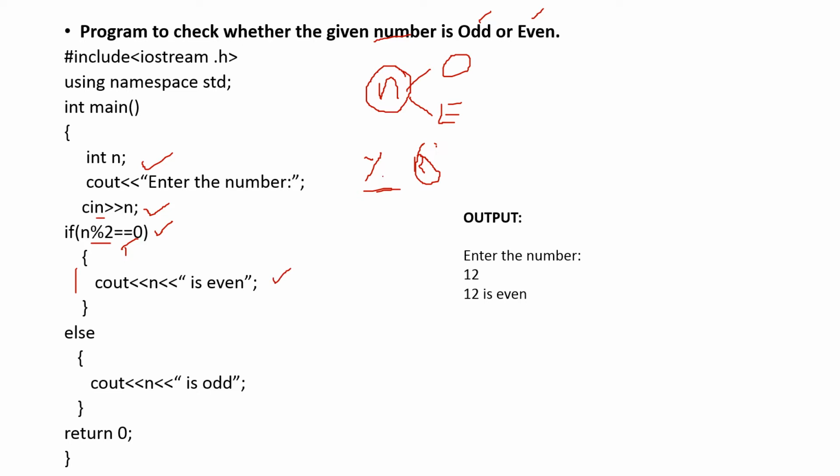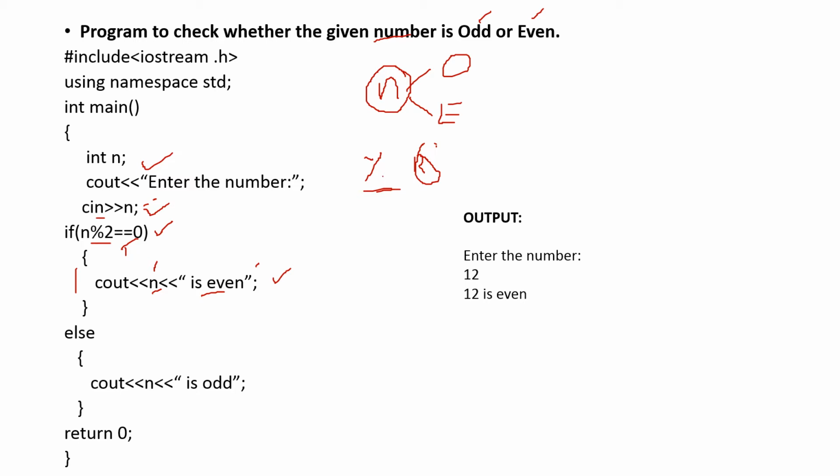Here, cout, n we are giving like this. While displaying the output, the value of n will be replaced here, and then is even will be printed as it is, because it is given within double quotes. And then that is over.